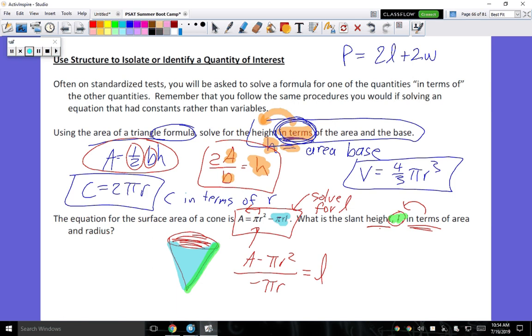L is written in terms of a and r. Or I'm a positive coefficient kind of person, so I would probably have moved this piece over and then subtracted the a and then gotten this.